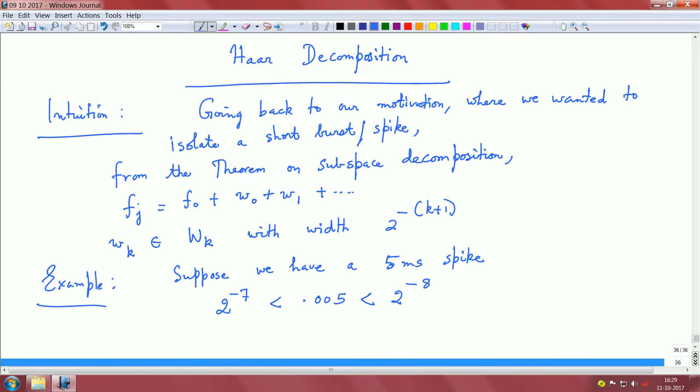Okay, these are important things. I think with this motivation in mind, we will start with the wavelet decomposition procedure. Okay.